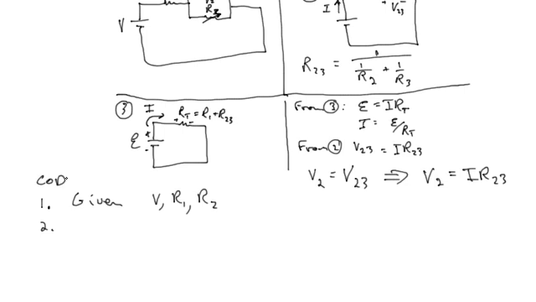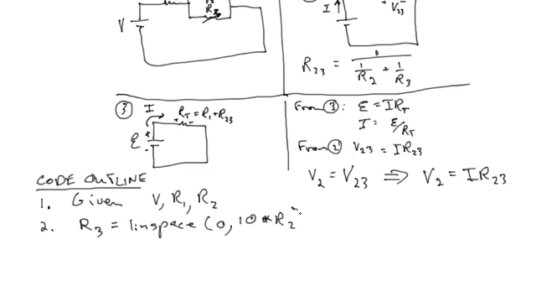Code outline. R3 equals linspace from 0 comma 10 times R2, comma, and I think I'm supposed to say how many values I use.